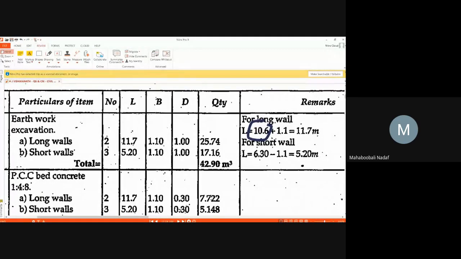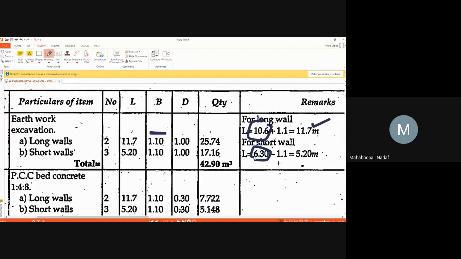So, center to center is 10.6. What is b for that item? 1.1, sir. So for long wall, you need to add, no? So 10.6 plus 1.1 is 11.7. For short wall, center to center, you have calculated in the first step, that is 6.3.